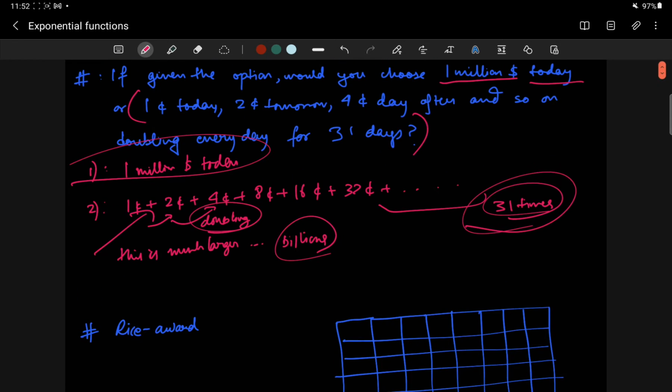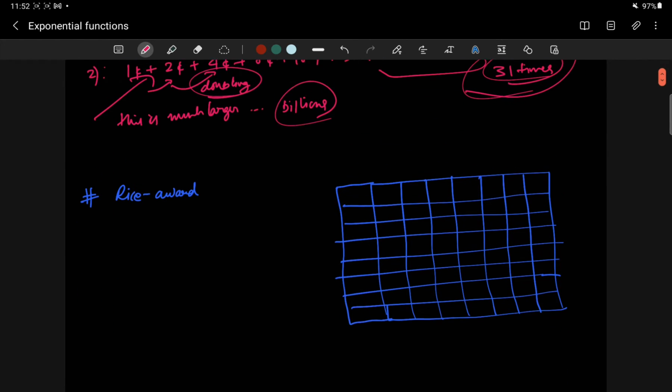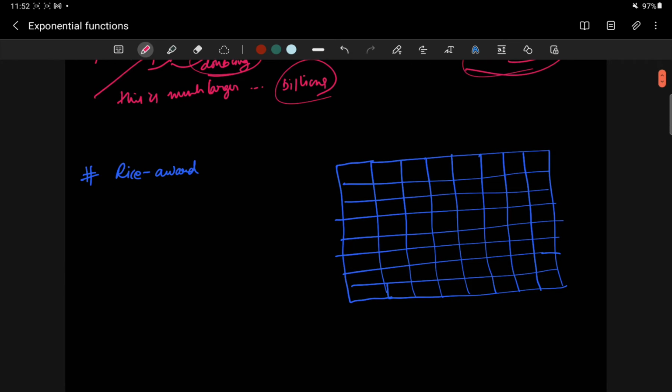Along the same lines, there are also historical stories in many cultures where the ruler says, well, I'm very pleased with what you've done, and you can ask for whatever prize you want. And in this particular story, the person asks for this prize.